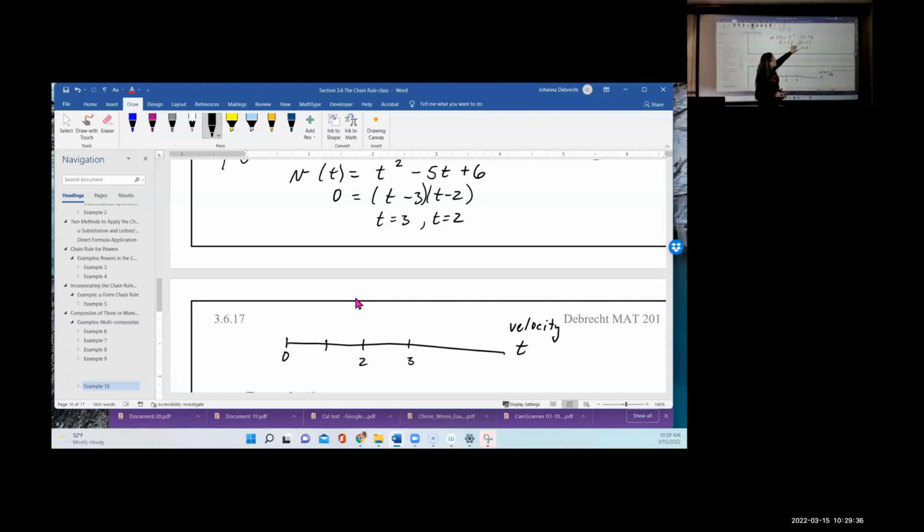So when t equals 1, 1 minus 3 would be negative. 1 minus 2 would be negative. So I have a negative times a negative, which would make it positive. So at 1, my velocity is positive.